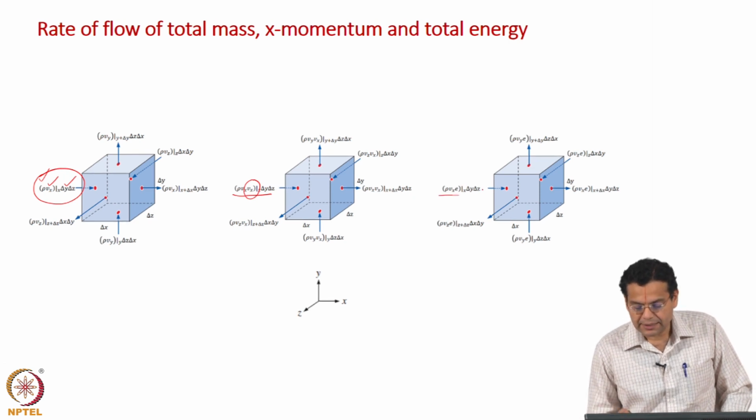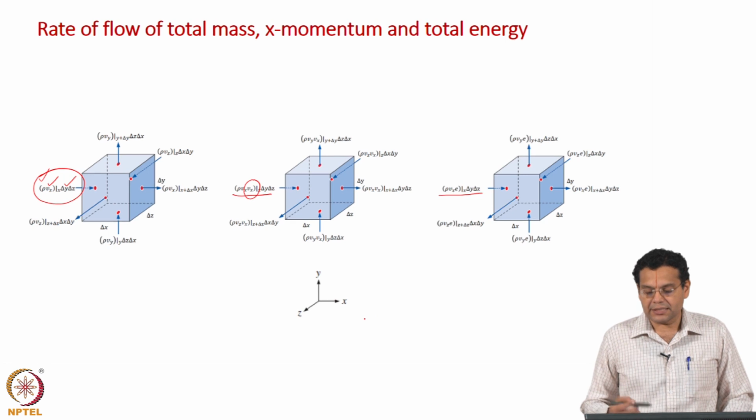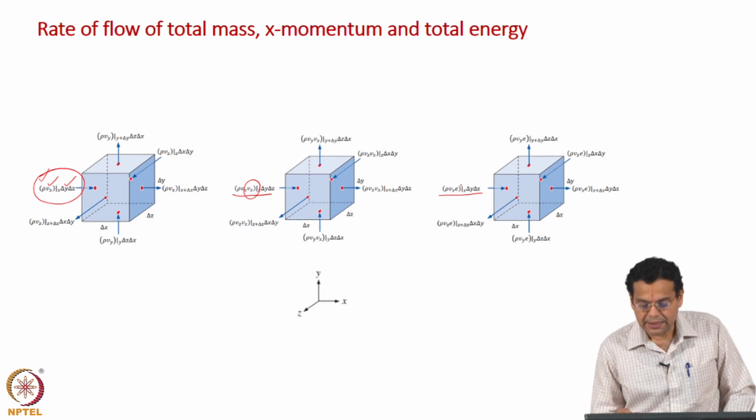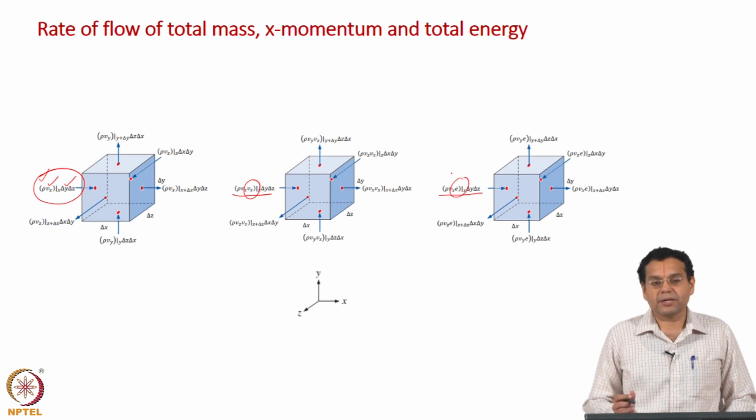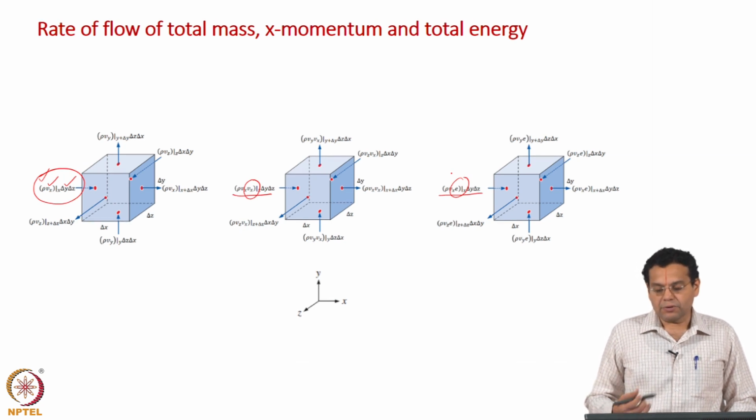Once again taken the same term rho Vx delta y delta z and then included a total energy per unit mass, and now it represents rate of flow of total energy entering in the x direction.